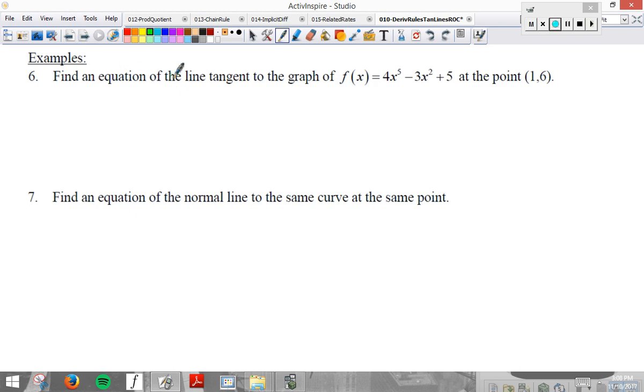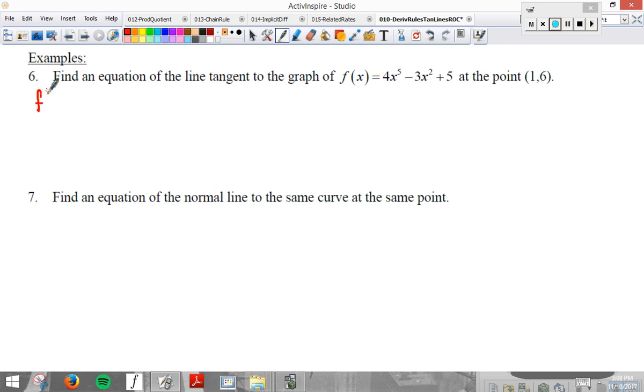So, find the equation of a line tangent to the graph of f at the point 1, 6. So, we need a point and a slope. Now, for a tangent line, we can find the slope by using the first derivative.